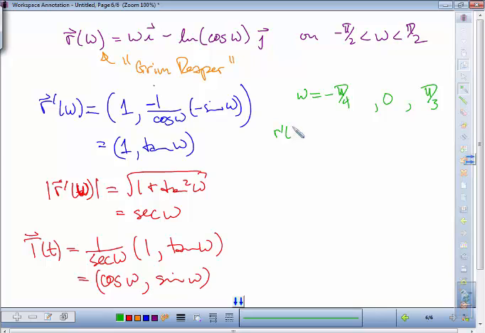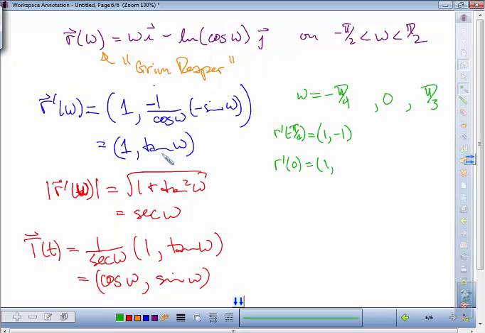So r prime is 1, negative 1. At 0, r prime is 1, and tangent of 0 is 0.